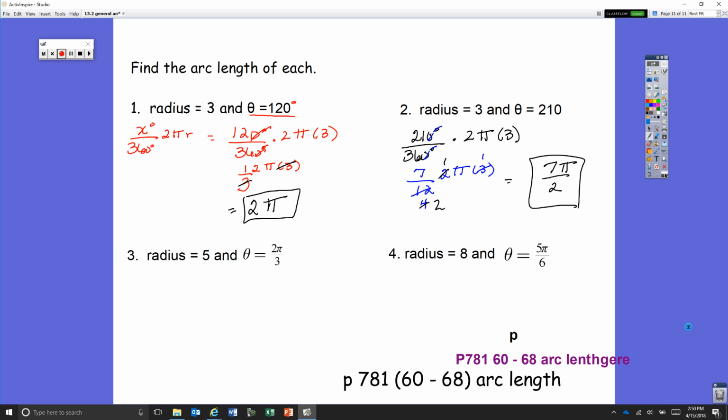How about if it's in radians? If it's already in radians, then it is radius times my radians, 2 pi over 3. Nothing reduces, so I get 10 pi over 3 units.